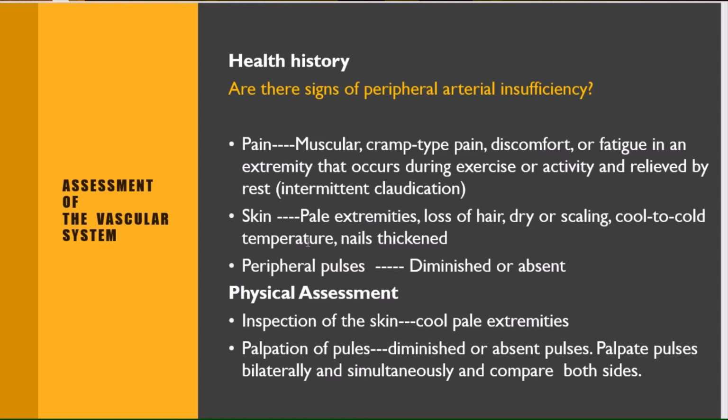One thing to remember is whenever you palpate the pulses, make sure you palpate bilaterally at the same time, so you can compare both sides. If the disease is in one extremity, the pulse can be diminished or absent, while the other extremity may be healthy and you may feel a normal pulse.